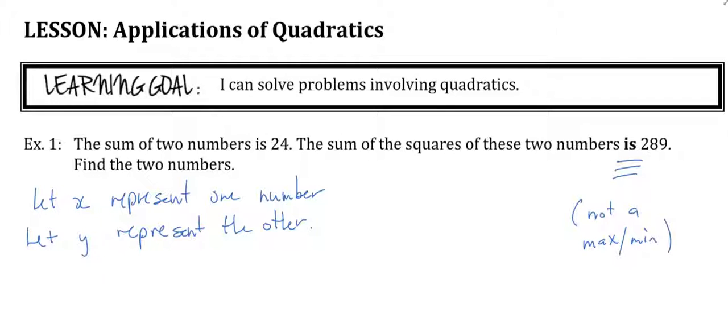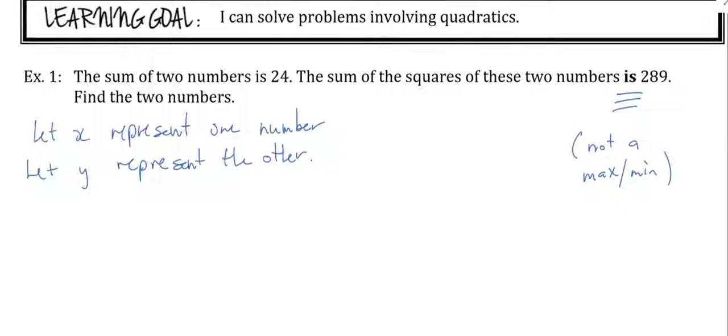How do I write that out? Very nice, very simple, but hugely important. x plus y equals 24. And then what am I going to do? I'm going to move the x over and I'm going to say y equals 24 minus x. That's the part that I need.